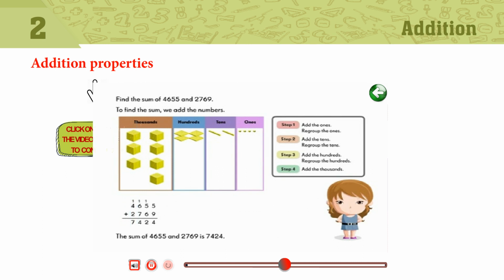So, the sum of 4,655 and 2,769 is 7,424.